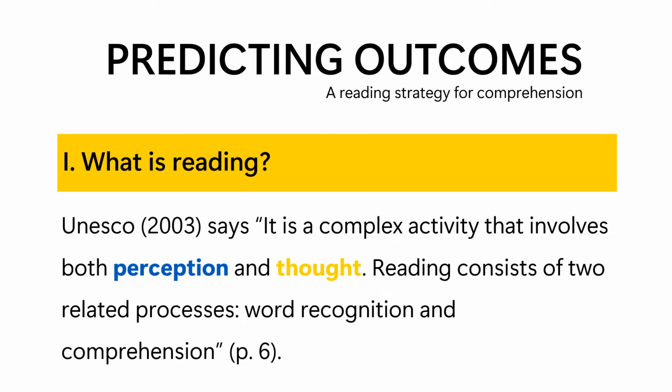First, what is reading? If we are talking about reading strategies, it is important to know what reading is. According to UNESCO, when we read, there are perception and thought.